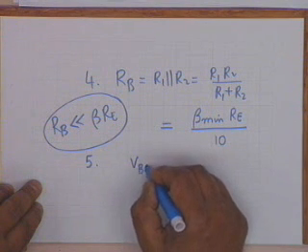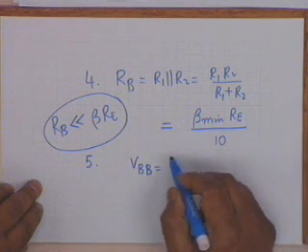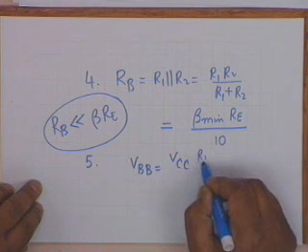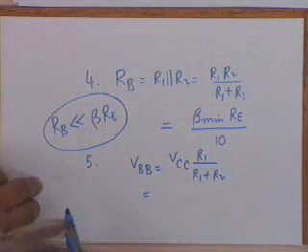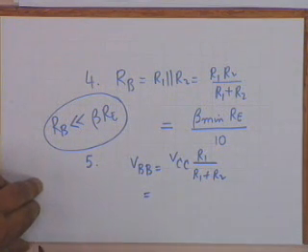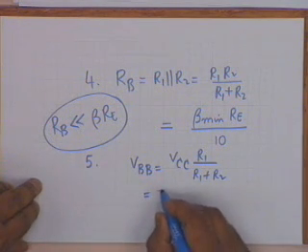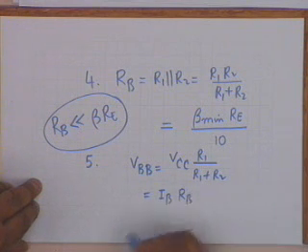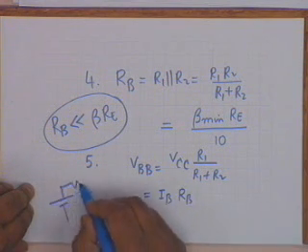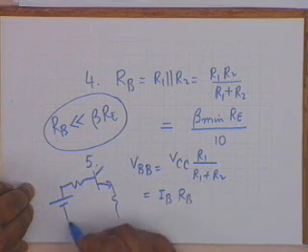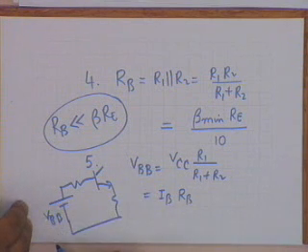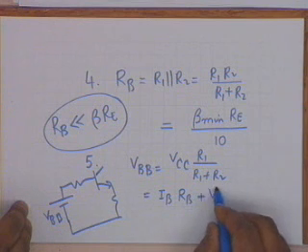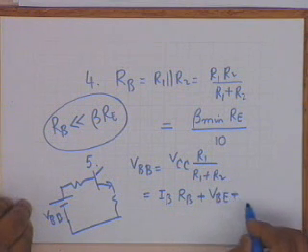And the fifth step is after you choose this, you know R1, R2, you also know that VBB is equal to VCC R1 divided by R1 plus R2, and this would be equal to, if you recall, the Thevenin equivalent circuit at the base emitter junction. This is equal to I sub B RB, this was the circuit. VBB is equal to IB RB plus VBE plus VE, all right.